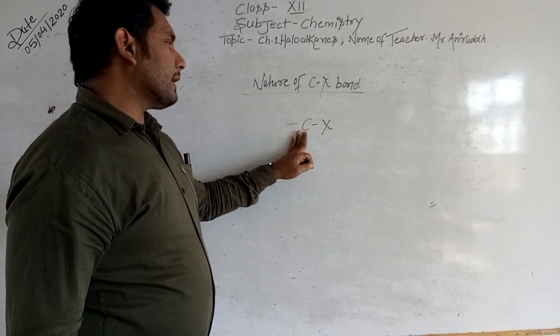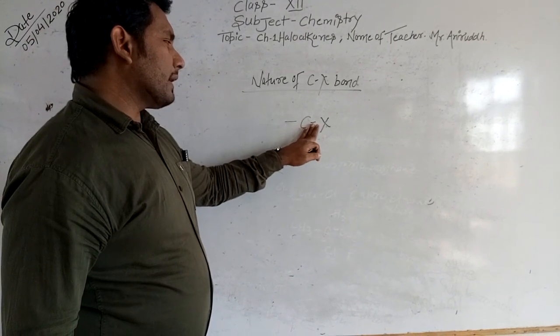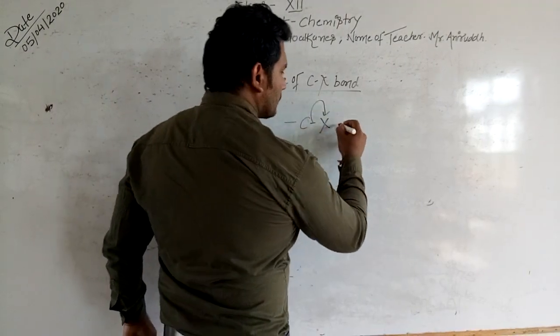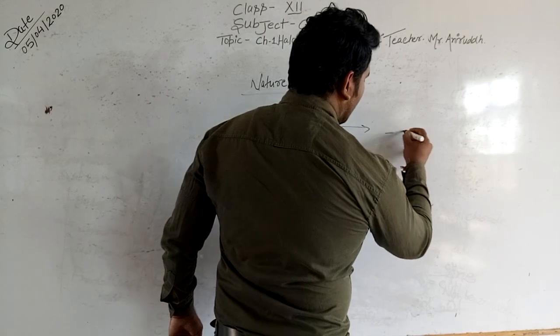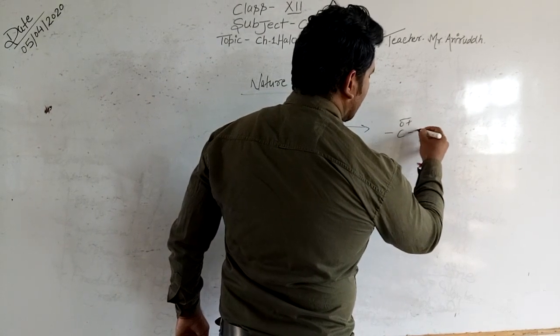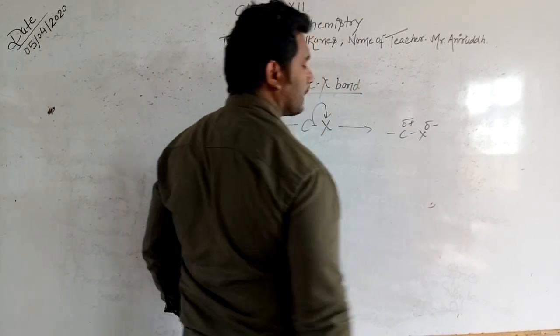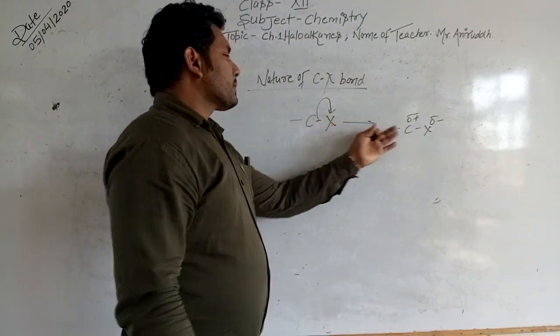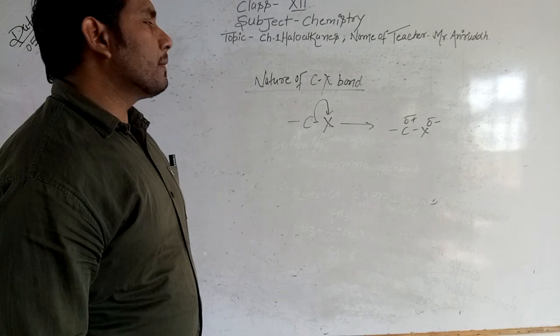Then the shared pair of electrons is shifted more towards the halogen atom. So the carbon acquires a partial positive charge and the halogen acquires a partial negative charge. That's why the nature of the C-X bond becomes polar.